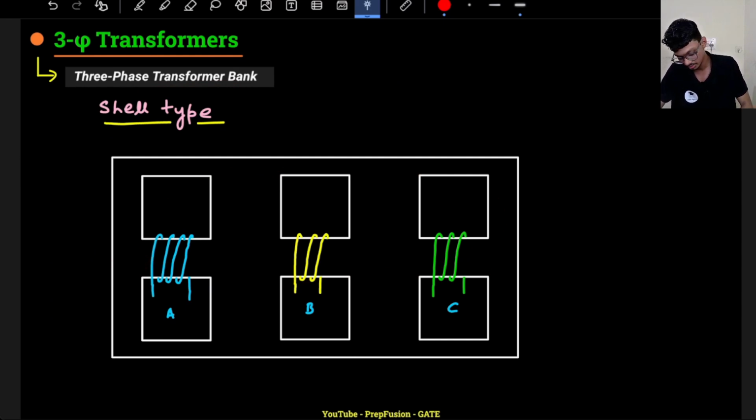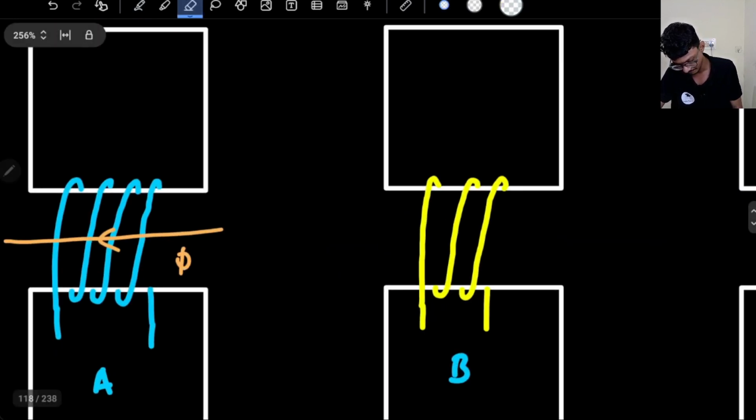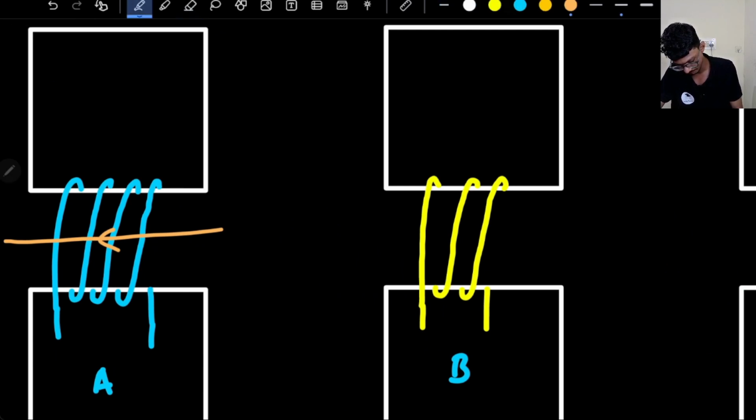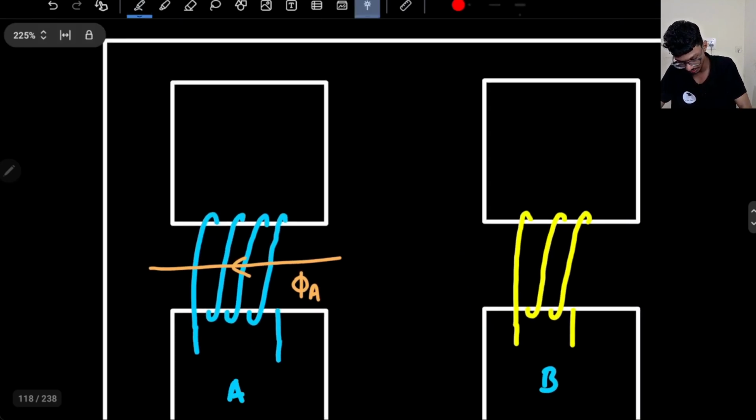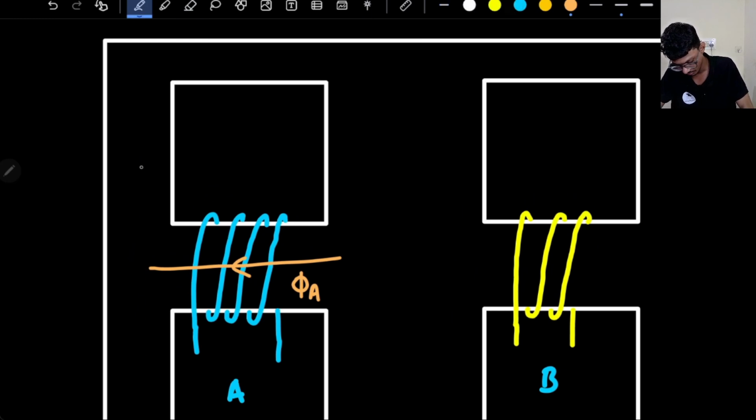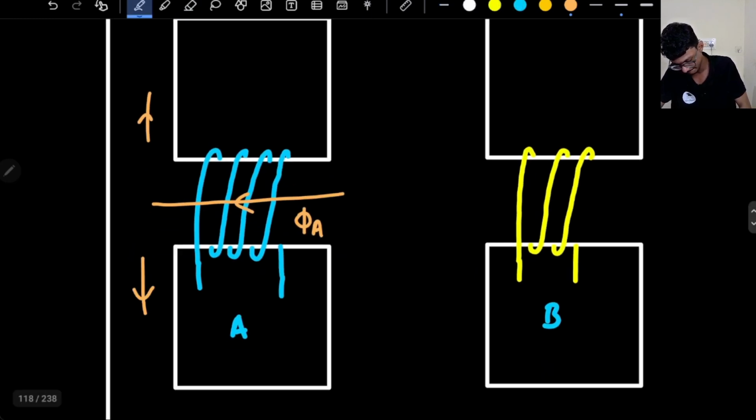Why? Let's assume the A phase is developing a flux of phi A. From here I will see two parts: phi A by 2 will go here, and phi A by 2 will come here.